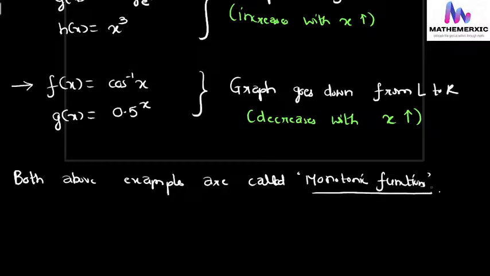There is a specific behavior. With increase in value of x, the function will increase, it rises from left to right, or otherwise it decreases with the increase in value of x. We are very clear what will happen in that case. That's why they are called monotonic functions.